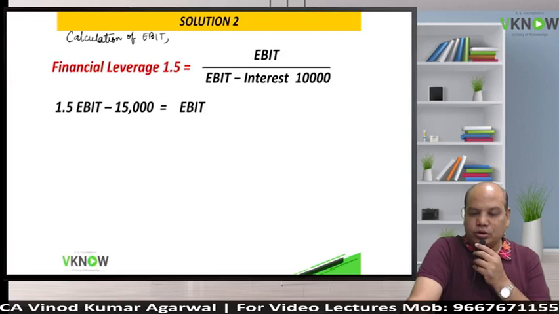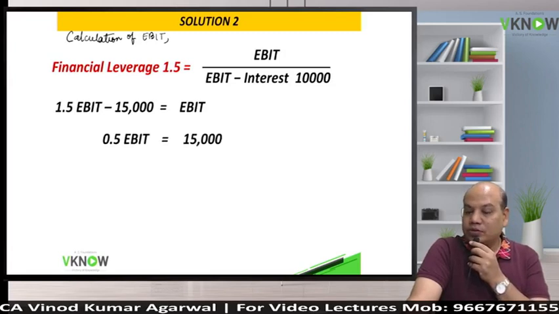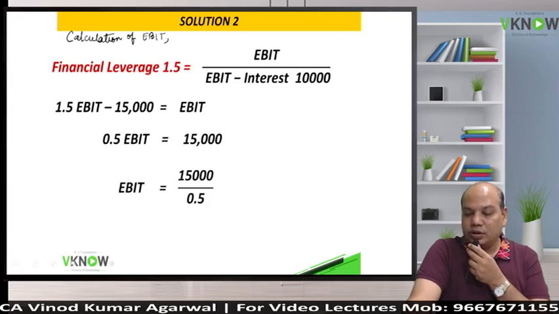So you do the cross multiplication. 1.5 EBIT minus 15,000 is equal to EBIT, and then you deduct EBIT from 1.5 EBIT. You will get 0.5 EBIT is equal to 15,000. So my answer is EBIT is how much? One student is saying 30,000. Very good.